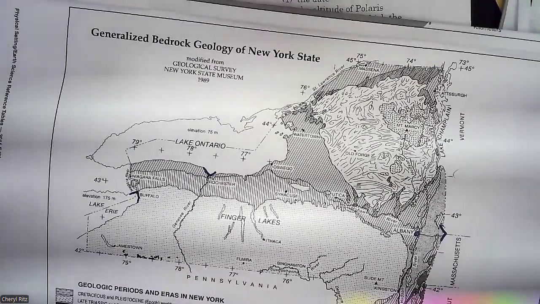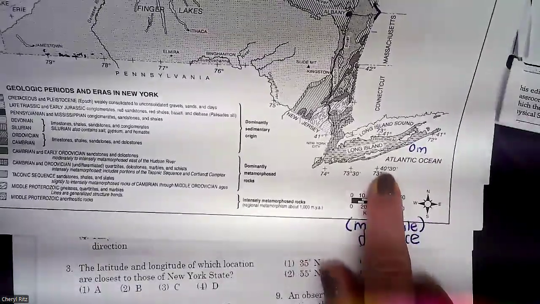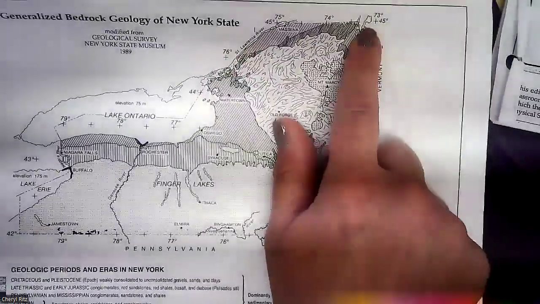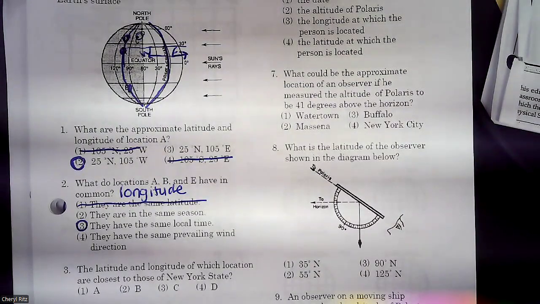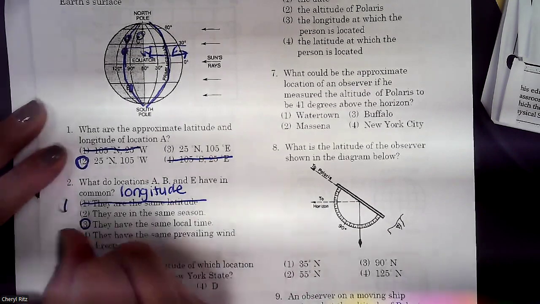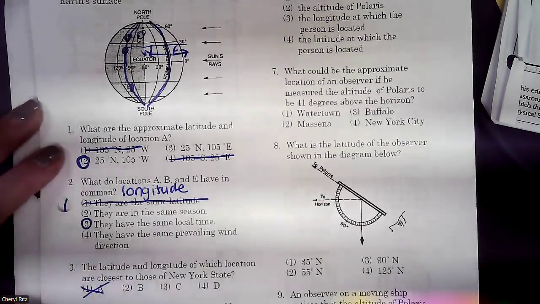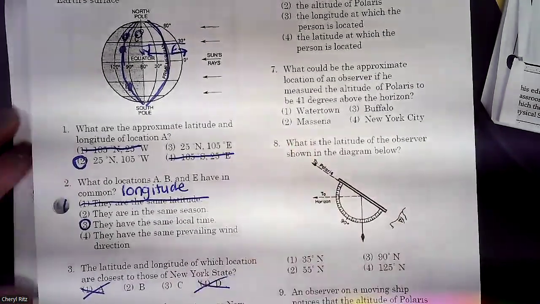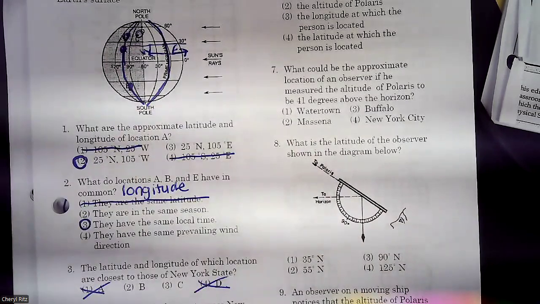You have a whole reference table that tells you the latitude and longitude of New York State. The latitude of New York State goes from 40 something, or 40 30, up to 45 degrees. Right off the bat, I can get rid of A. A, like Autumn was saying, is too far south. It is not A. For that matter, it's also not D. D's on 60. Can't be D. So we're stuck with B and C. We need to know the exact longitude New York State lives in.